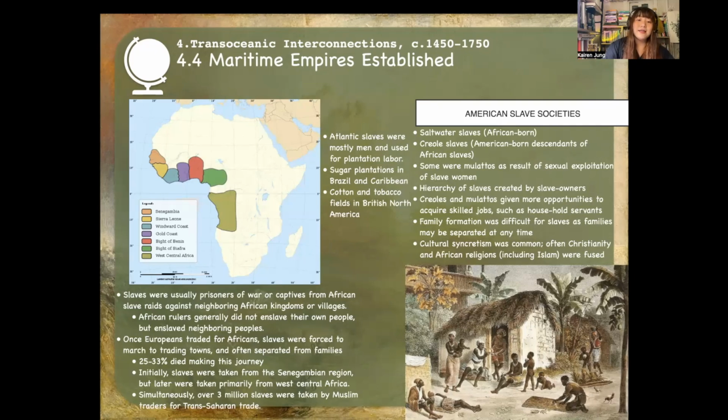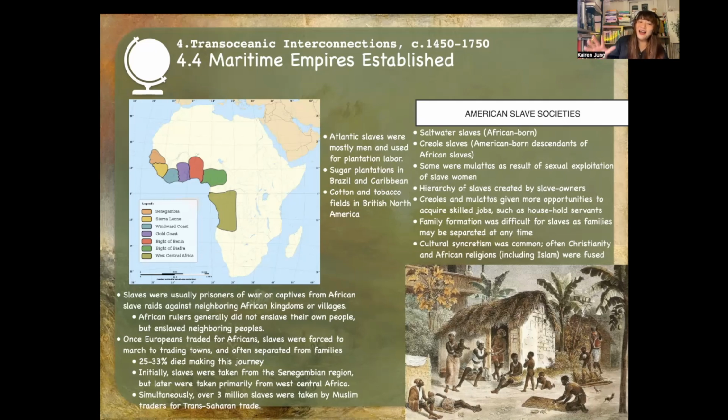Slaves were usually prisoners of war or captives from African slave raids against neighboring African kingdoms or villages. African rulers generally didn't enslave their own people, but they would enslave neighboring peoples. Once the Europeans traded for Africans, slaves were forced to march to trading towns, and they were separated from their families, and the system of racism really began, in which your skin color became the mode by which your status was marked.